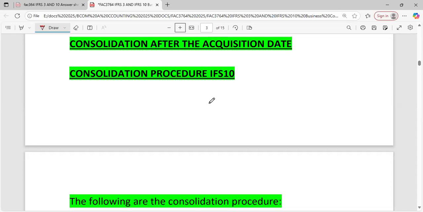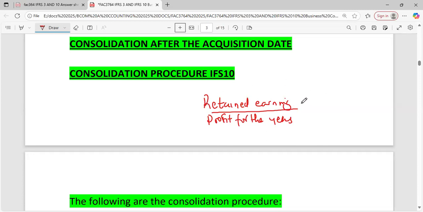So you should always look at the retained earnings, which is the retained earnings and the profit made for the year. So when we consolidate after acquisition date, we look at the retained earnings since acquisition until the beginning of the current year.